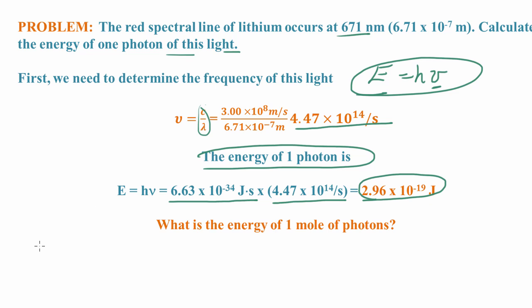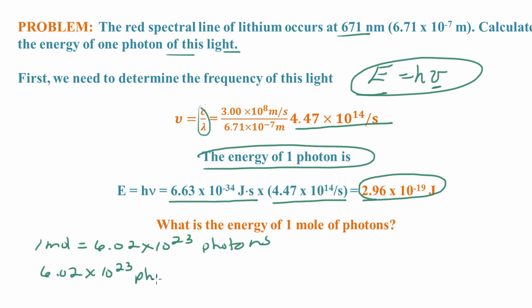Well, we know that 1 mole would contain 6.02 times 10 to the 23rd photons, right? So what we have is 6.02 times 10 to the 23rd photons.